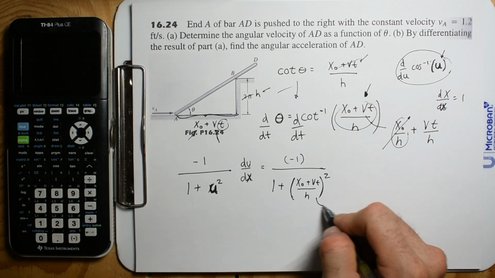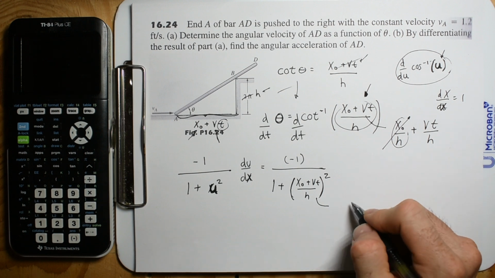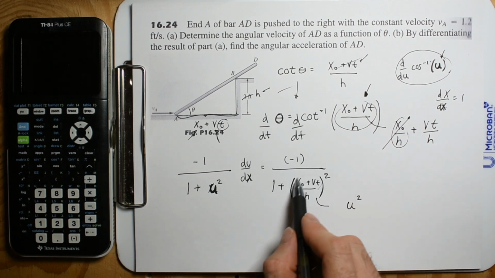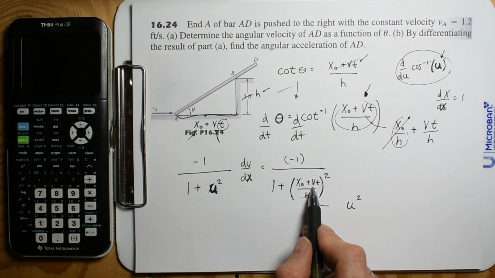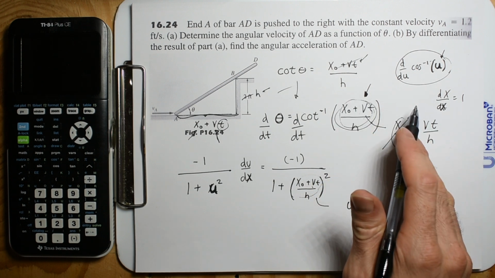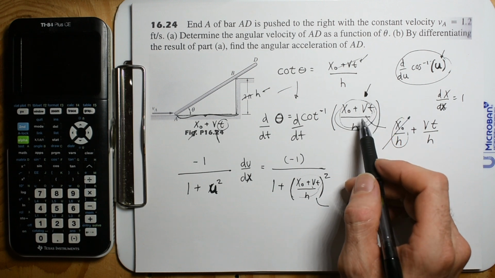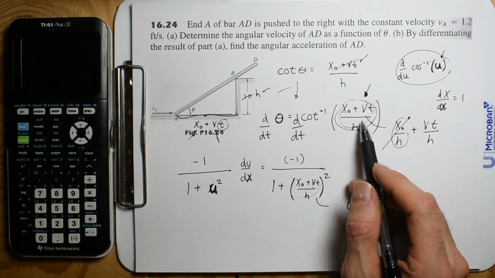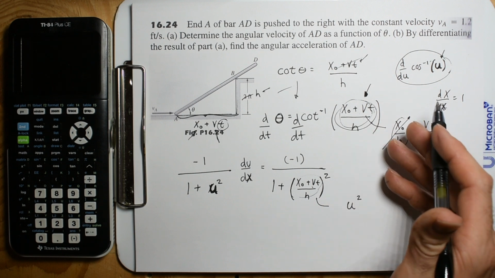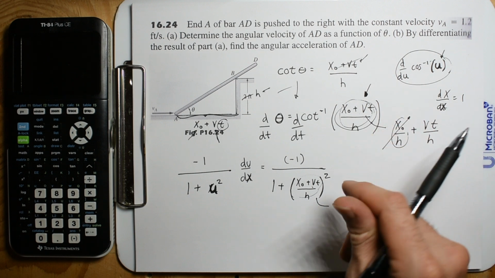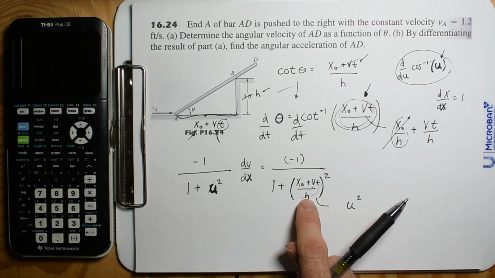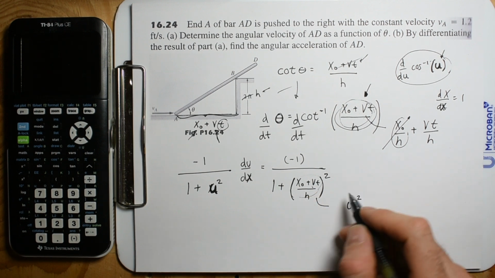This is also another u substitution. You have u squared, and the stuff in here is not a constant. Even if the stuff in here was a constant, you would still have to use u substitution as well.